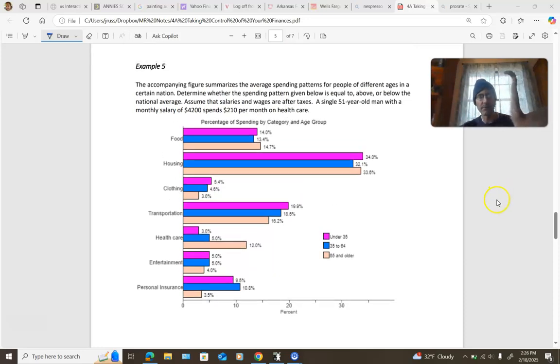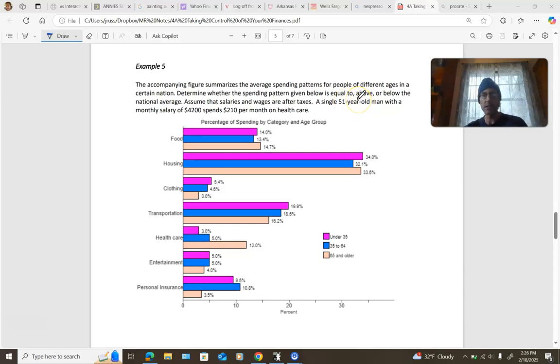All right, so example 5, it says the accompanying figure summarizes the average spending patterns for people of different ages in a certain nation. So this is similar to that graphic we looked at previously. It says determine whether the spending pattern given below is equal to, above, or below the national average. Assume that salaries and wages are after tax again.